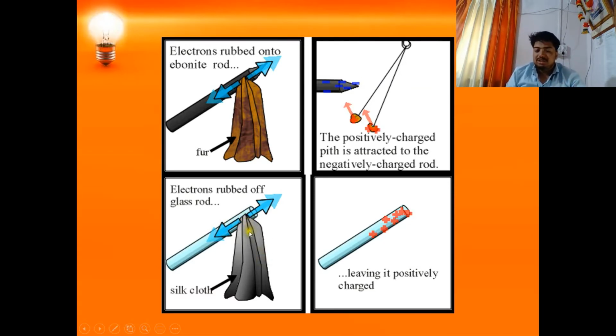Here the reverse process happens because silk has a tendency to attract electrons, hence silk gets net negative charge and the glass rod gets net positive charge. Now when we take this glass rod near pieces of paper or anything else having net negative charge, it gets attracted. So this is the basics of charge, how positive and negative charges behave in front of each other.